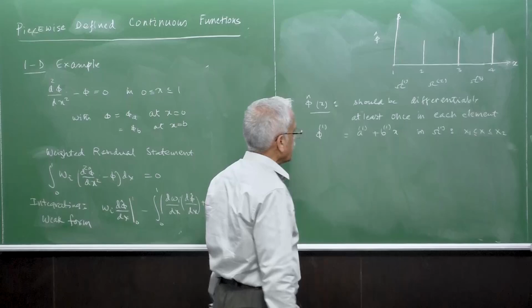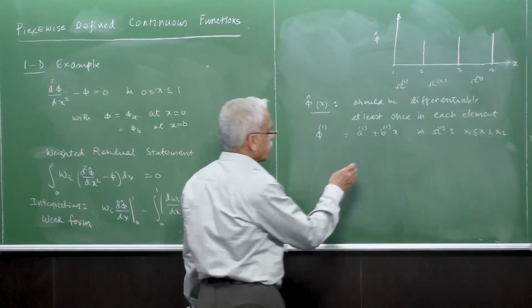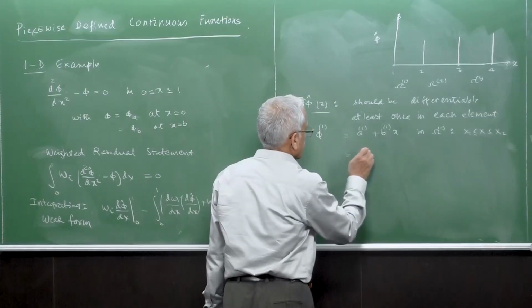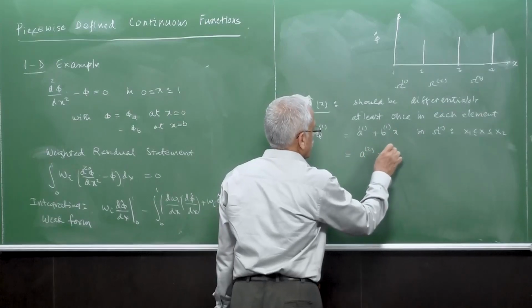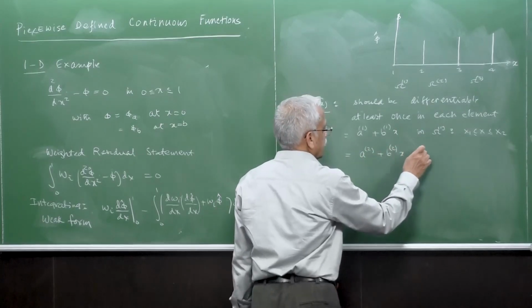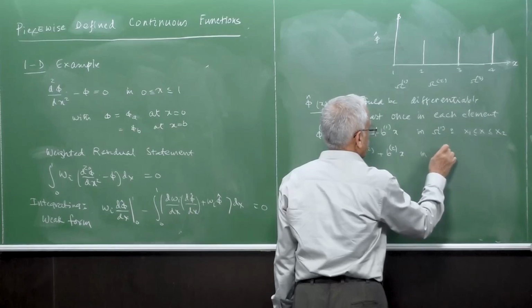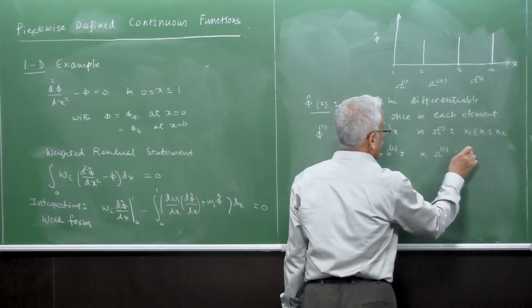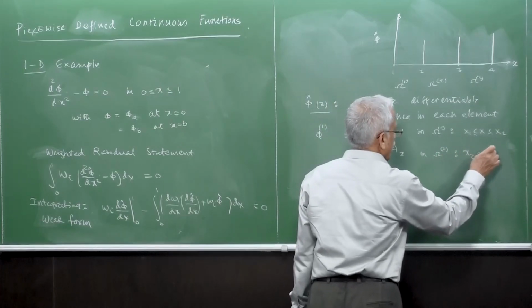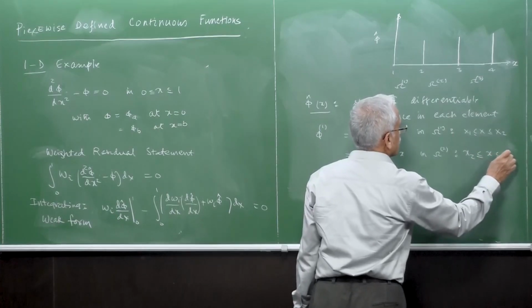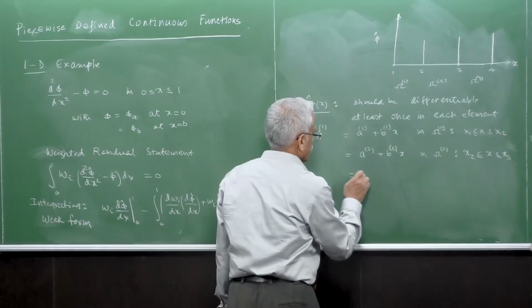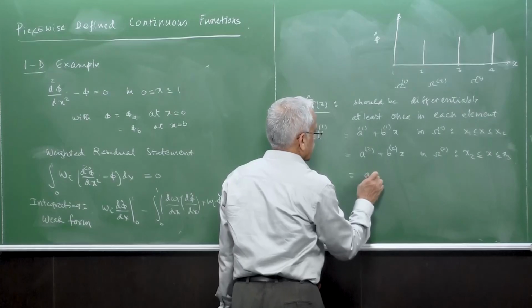So we are defining it by different linear approximations, a2 plus b2x in omega 2, and so on. There are 3 here.